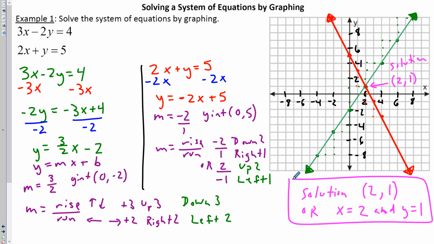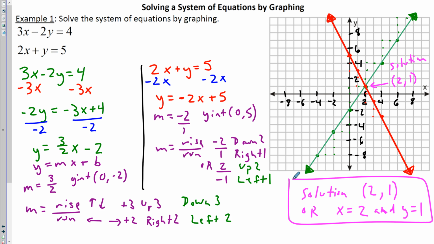Now, as I mentioned previously, graphing is not the only method we use to solve systems of equations, because there are some faults in it. One fault would be if I'm not very careful in graphing my lines, I could identify an intersection location that's actually not correct.